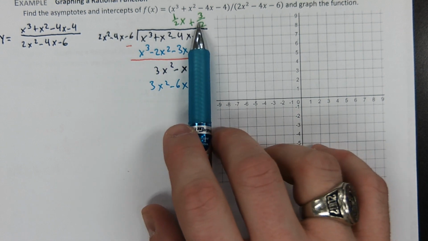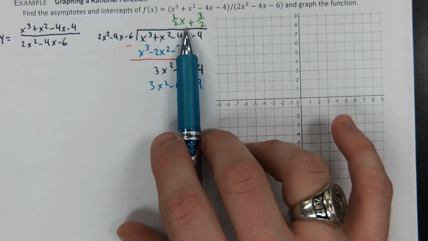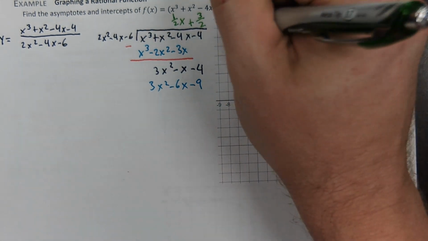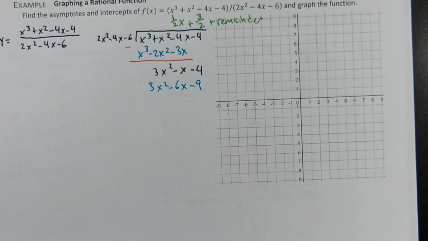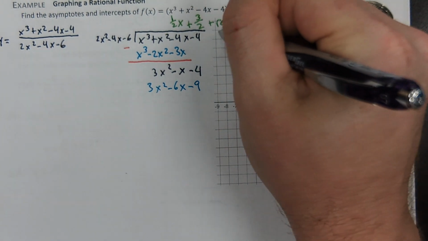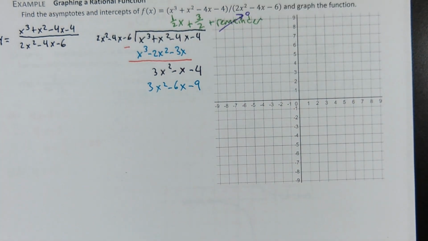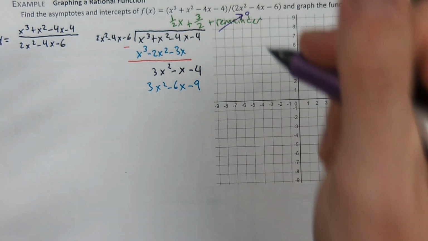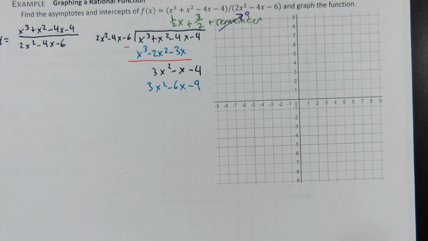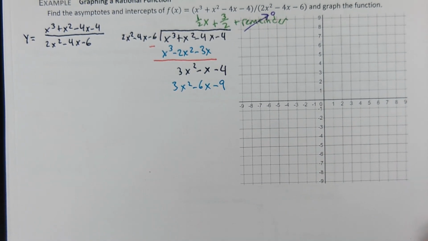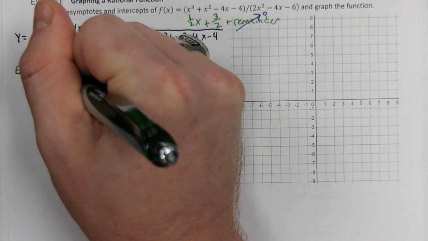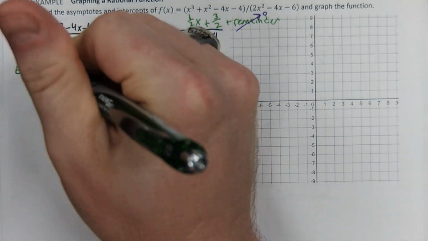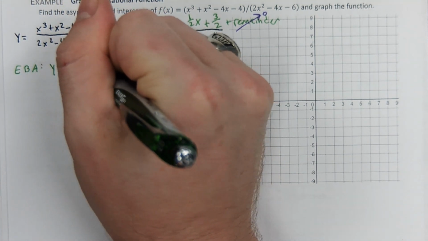So the remainder isn't necessary to find, because that remainder will head towards 0 every time. So my end-behavior asymptote is this linear equation: y equals 1/2 x plus 3/2.